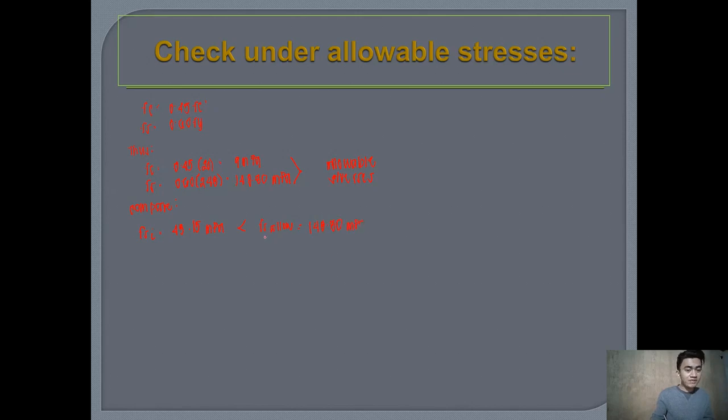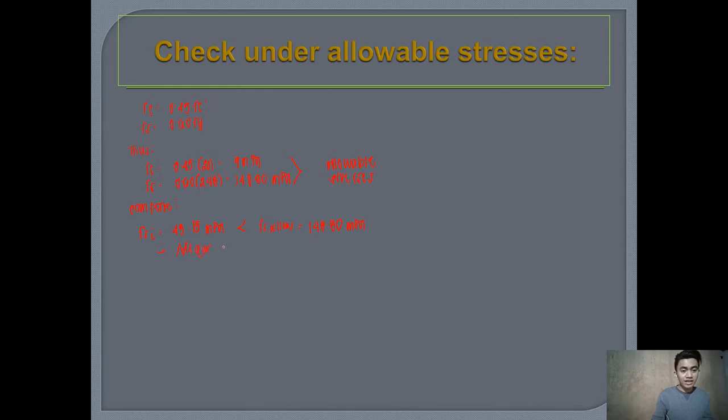Now, as I have said earlier, the allowable stress is the maximum stress that is allowed on a structural member. Since the stress of our composite beam did not exceed the allowable stress, we can therefore conclude now that the stress at the bottom part of the composite beam is adequate, or it will not fail.